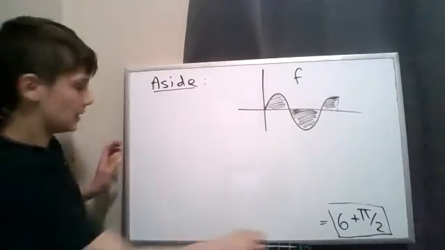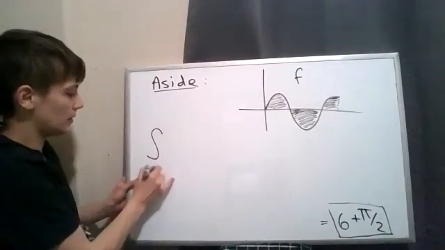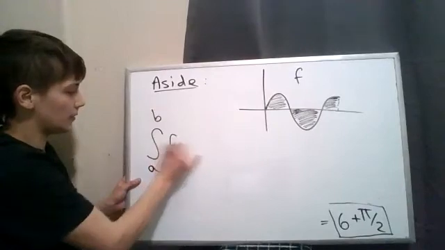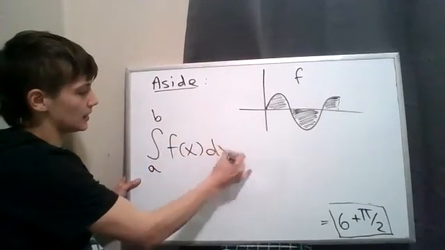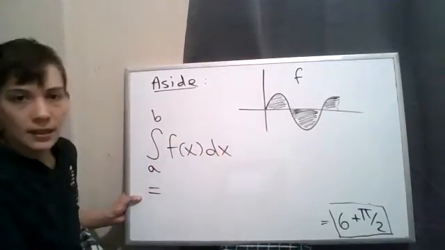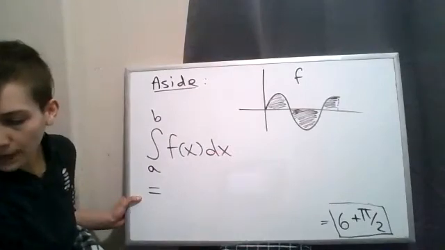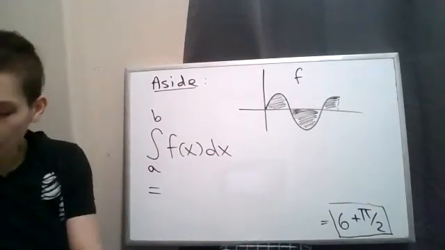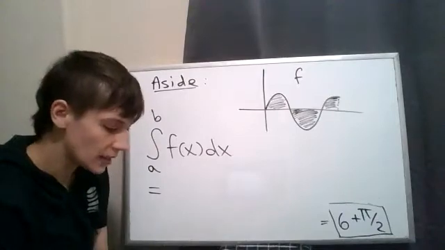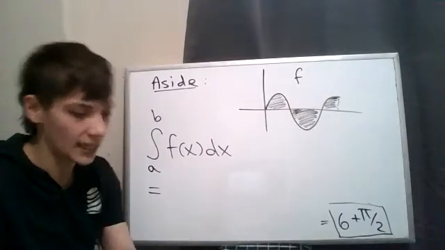Something like this, the integral from a to b of f of x dx is the net area trapped between f and the x-axis.